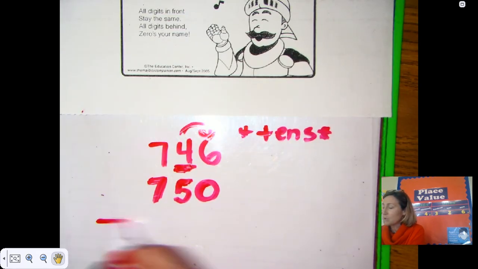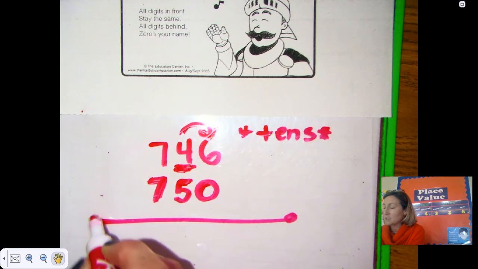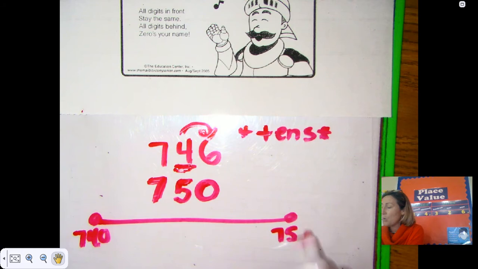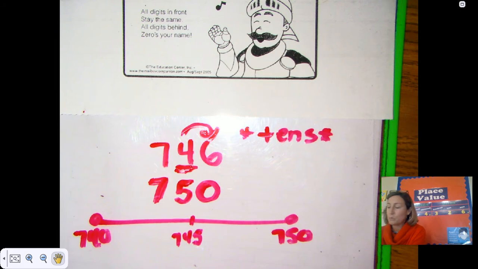When you're watching this video, we may have already talked about this, but this is another way to think about it. If we're rounding 746 to the nearest tens, it's either going to round down to 740 or round up to 750. So we find our halfway point, which would be 745. It's right in between 740 and 750. And 746 would come about right there.